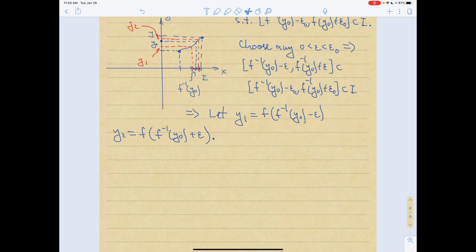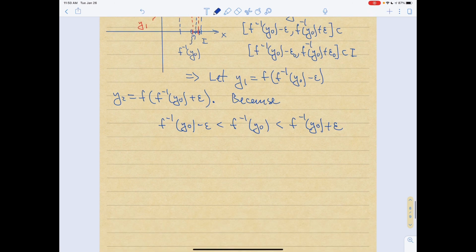Now from this picture we can see that we have the following set of inequalities: f inverse of y0 minus epsilon is clearly less than f inverse of y0, which is less than f inverse of y0 plus epsilon, and f is strictly increasing.